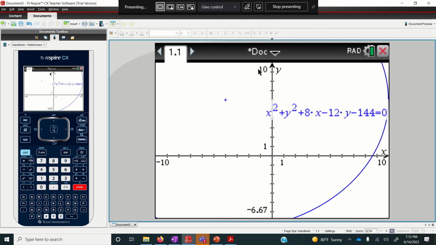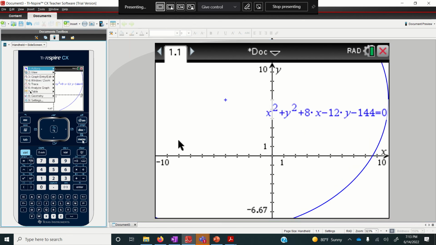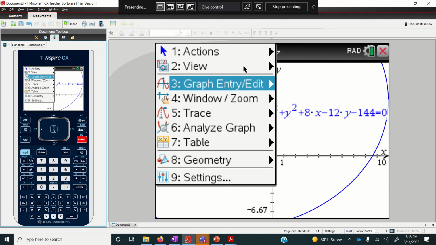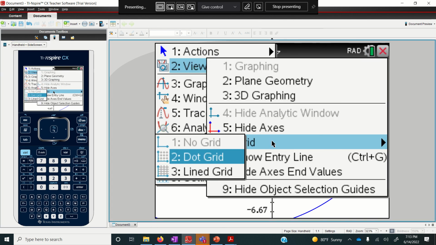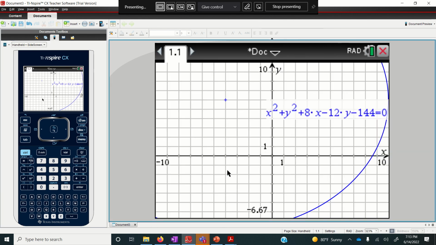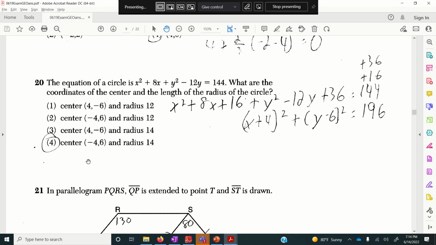So we can make this, let's say 10, and then you can see your center point. Remember, if it's hard to see, we do menu, view, grid, line grid. Now we can count. So it's -4, and 1, 2, 3, 4, 5, 6. So the center is -4, 6.